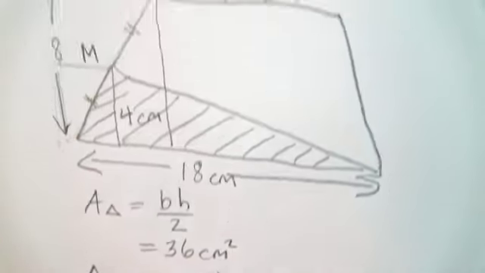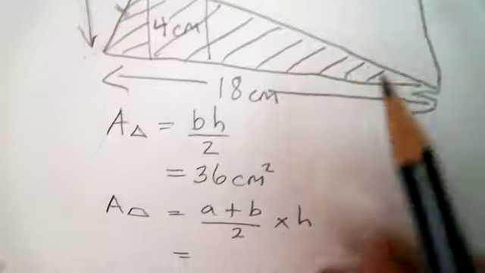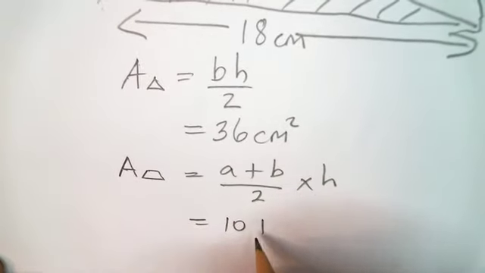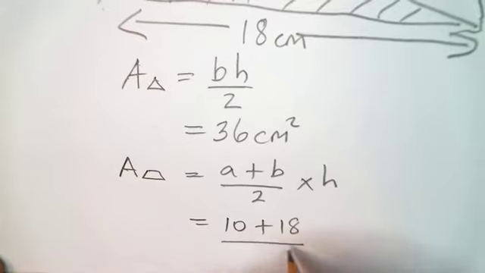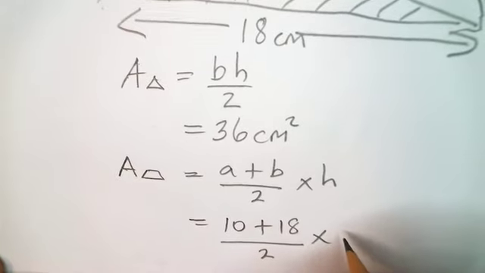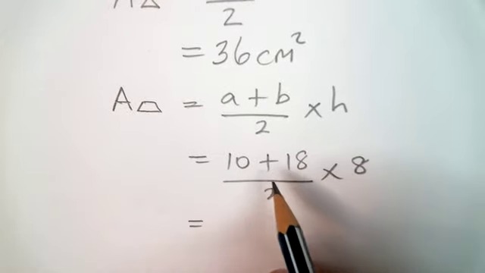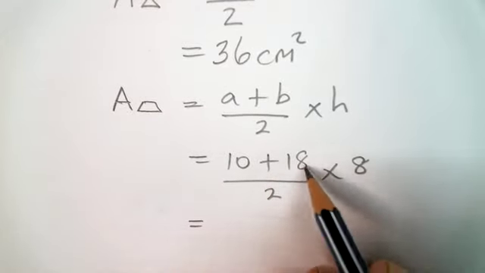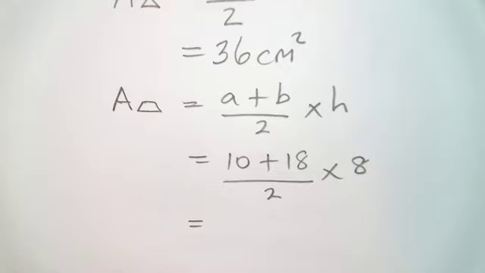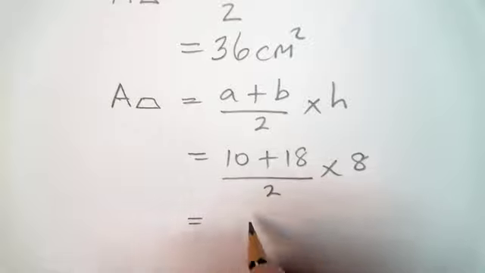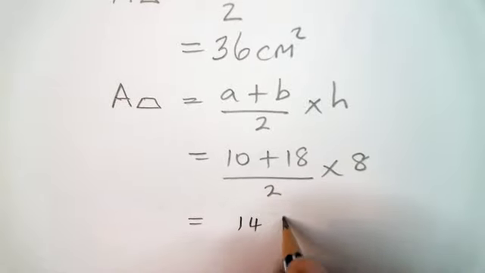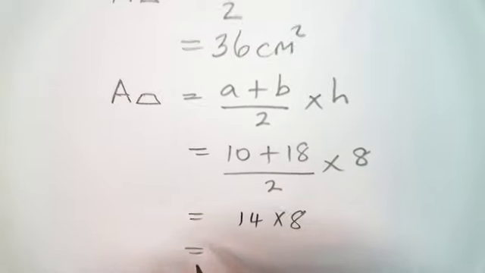A and B are going to be the top and bottom, so A plus B. So we've got 10 plus 18 divided by 2 times the vertical height, which was 8. 28 divided by 2 is going to be 14. 14 times 8. Let's do it.